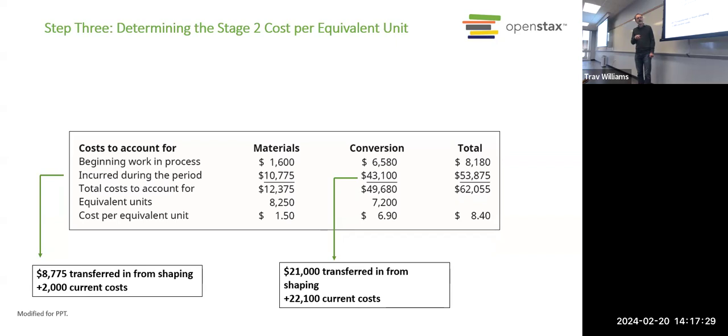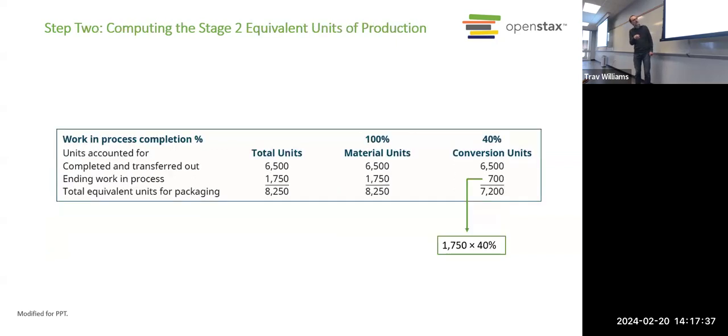Then we divide by the total number of units, which for materials is this 8,250, right? But for conversion, it's less, right? Because some of the units are not converted yet. So our equivalent units for conversion in work in process came out to 700.